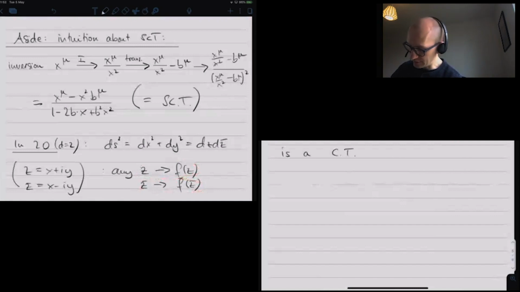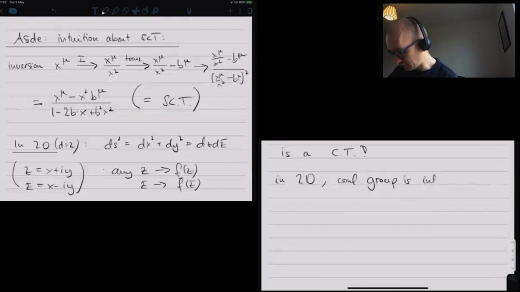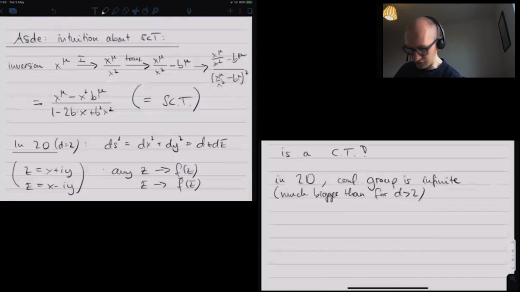And so this means that in 2D, the conformal group is a group of functions, so is infinite, and therefore is much bigger, if you want, much bigger and much more powerful than for d strictly greater than 2.